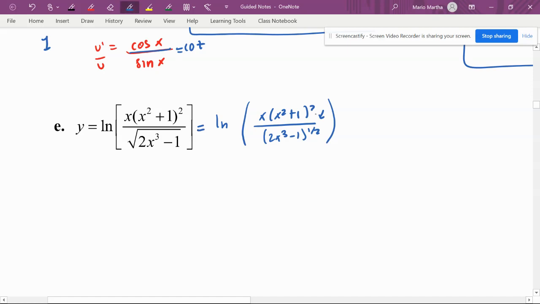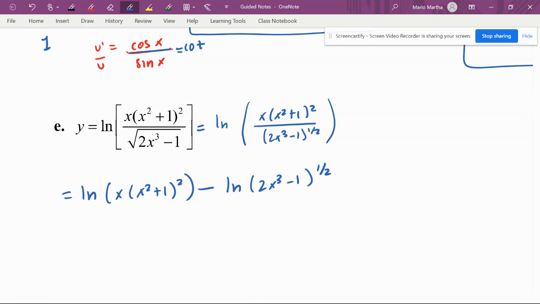So this may look complicated, but I can simplify it by splitting it up. So I'm going to say the natural log of x times x squared plus 1 quantity squared, and then minus the natural log of 2x cubed minus 1 raised to the 1/2. And I haven't even done a lot of calculus yet, I'm still doing algebra. So I can do one more thing.